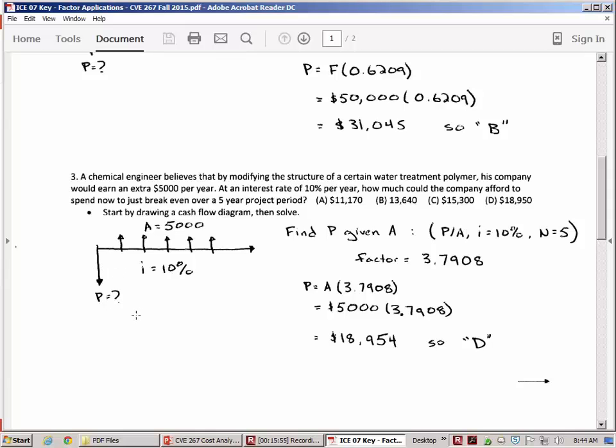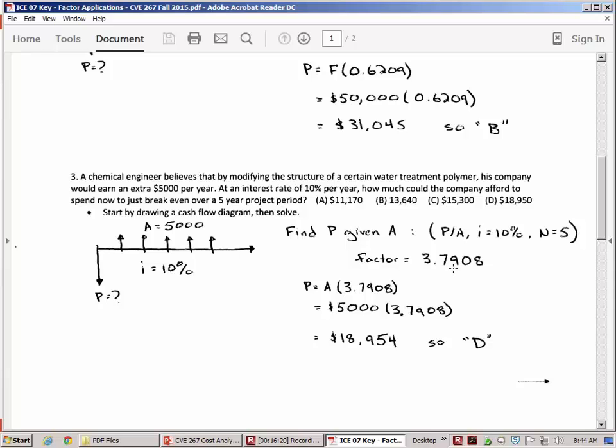So the break even, how much should you spend now? You can think of it as a bank. How much do you put into the bank now to get this amount out of the bank every year and have nothing left at the end? So find P given A. So P/A, i equals 10%, N equals 5. And there's the factor.